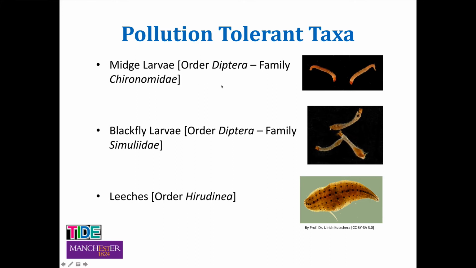So you have things like midge larva, order Diptera, family Chironomidae, these ones here, black fly larva, order Diptera, and leeches, order Hirudinea. So if you see a lot of leeches in your water, you know the water quality is very poor. So hopefully by now you're getting the idea of how you can use organisms as bioindicators.